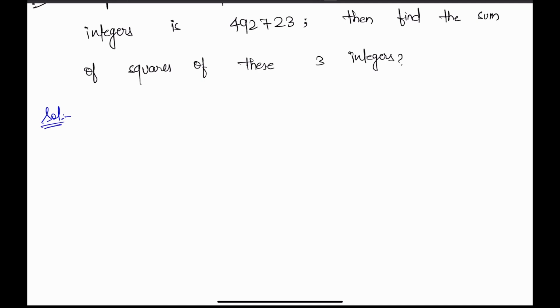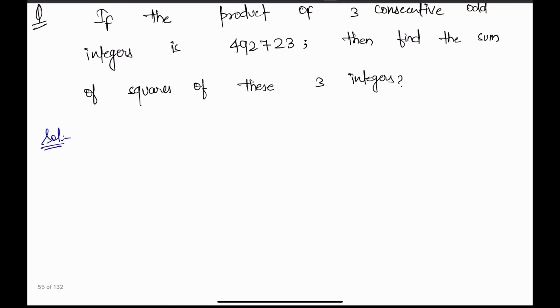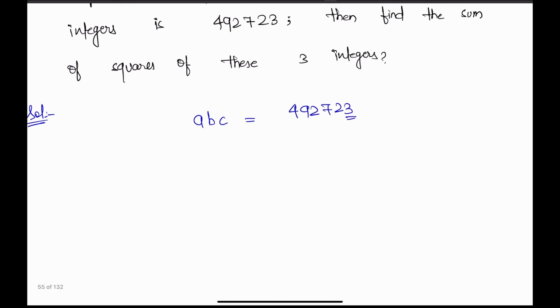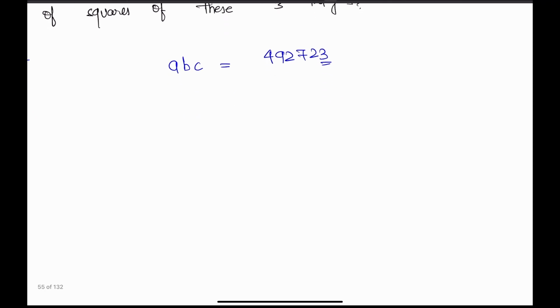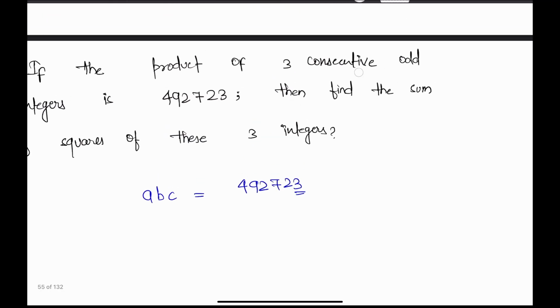So the question is asking that the product of a, b, c, let's write it this way, abc is 492723. Odd numbers, I can say that the difference between them is 2. Moreover it's written that they are consecutive integers.